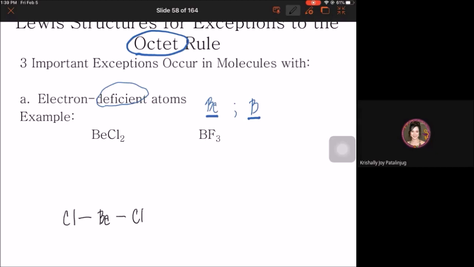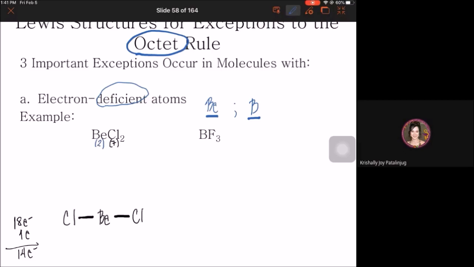If you try to total their valence electrons, chlorine has 7 valence electrons times 2, that would be 14. Then beryllium, di ba beryllium has how many? Okay, 2 lang yung valence electron niya.